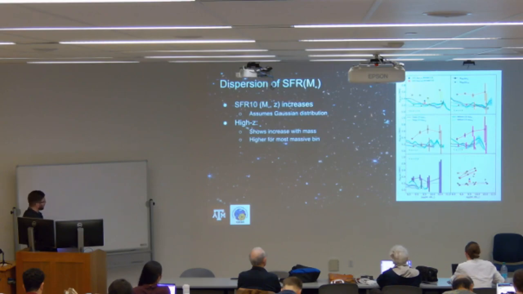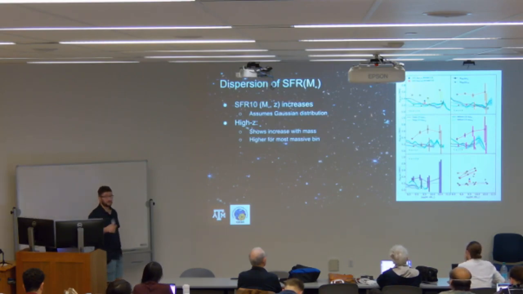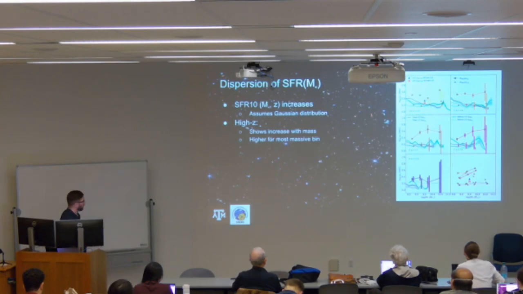We first look at the dispersion in star formation. Instead of measuring the intrinsic star formation during the MCMC process, we just estimate the 1 sigma scatter, assuming that the distributions are Gaussian. The square points with the colored lines through them are our 10 megayear star formation rates.